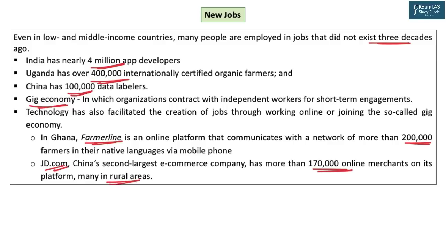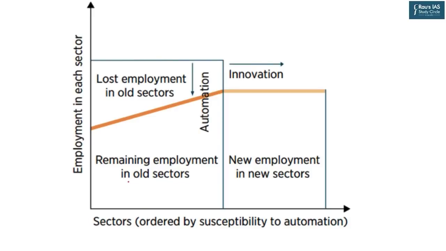So although jobs are getting lost, new jobs are also getting created. Whenever there will be automation, there will be job loss. But the automation has to be countered by innovation, and innovation will create jobs. It is in the hands of human beings, facilitated by government support and research work, to increase the new jobs more than the lost jobs.